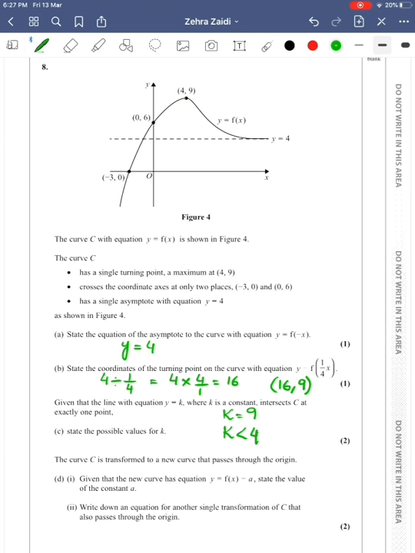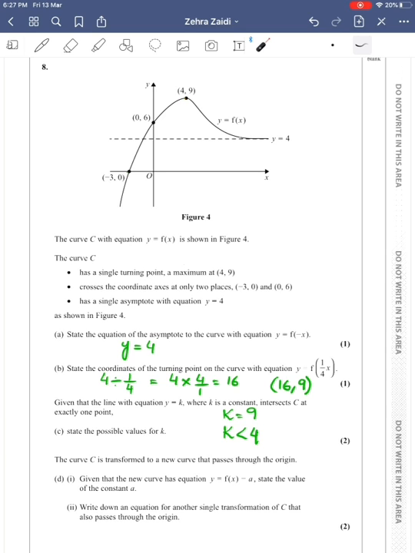The curve C is transformed to the new curve that passes through the origin. Given that the new curve has the equation y is equal to f of x minus a, state the value of the constant a. Now we should know that this is a transformation which pulls the curve vertically down, or it just slides the curve down.